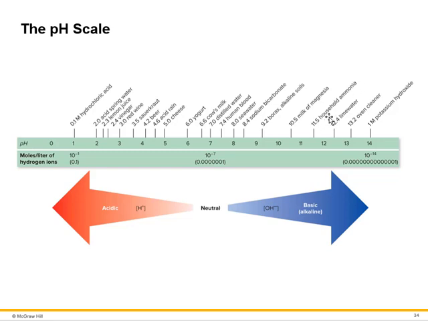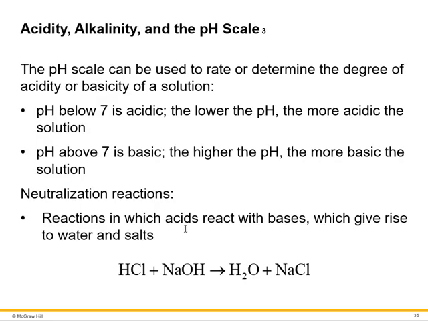The household ammonia you use as a cleaner is like 11.5. So it's a very strong base, and if it's present, it usually pushes the pH into the basic realm. So again, below 7 is acidic and above 7 is basic.